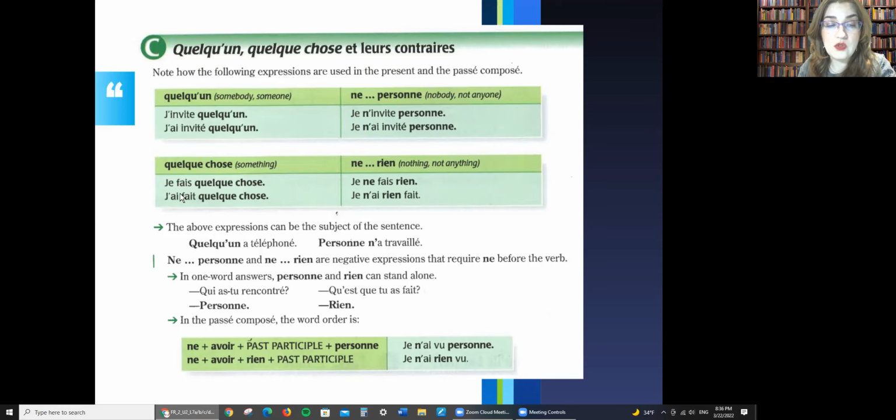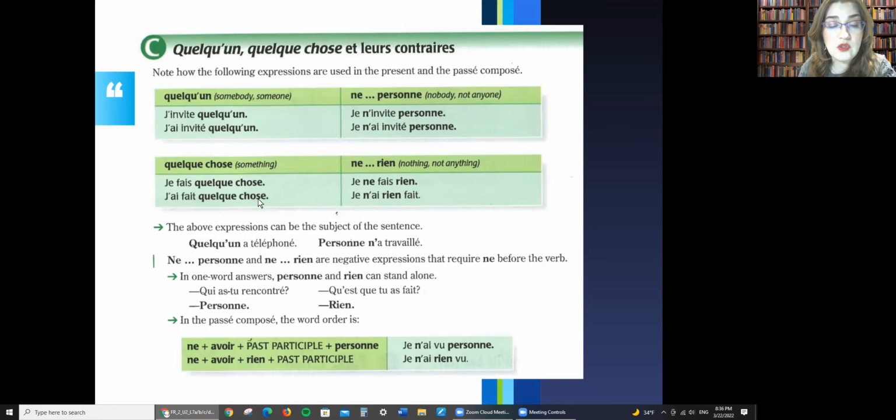J'ai fait quelque chose. What is the negation of je fais quelque chose? I am doing something. It's I am doing nothing. And here is how it looks in French. Je ne fais rien. So ne and rien go around the verb in the present tense. But what happens to ne and rien in the passé composé sentence? Let's look at the initial one.